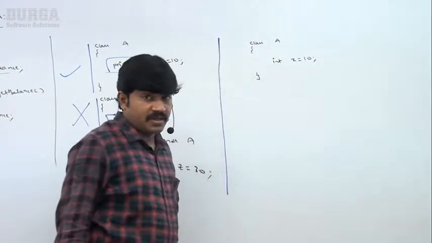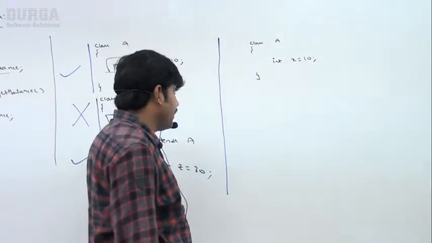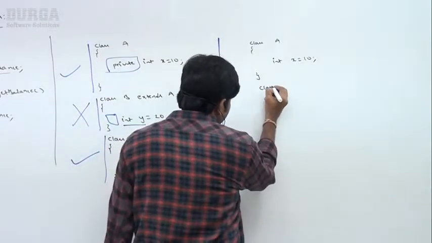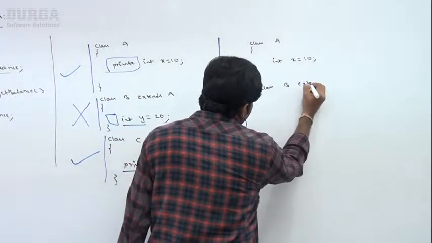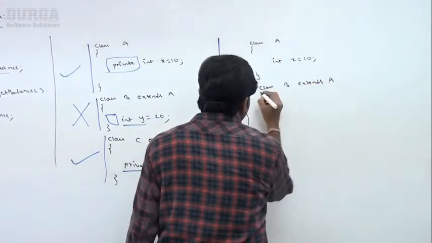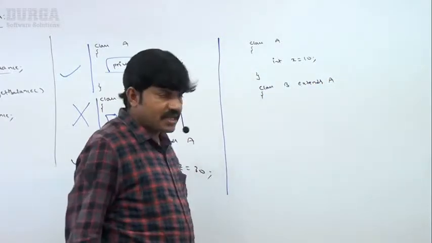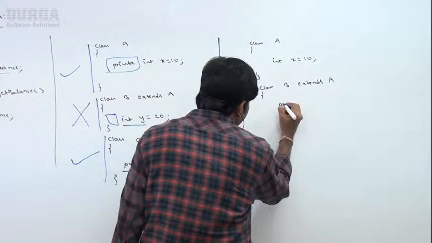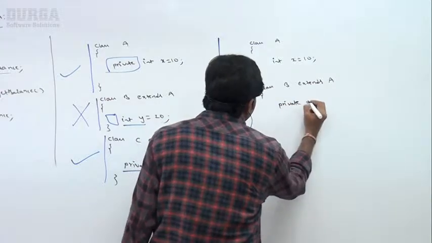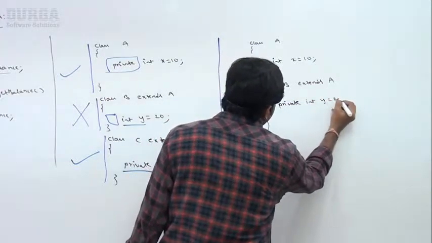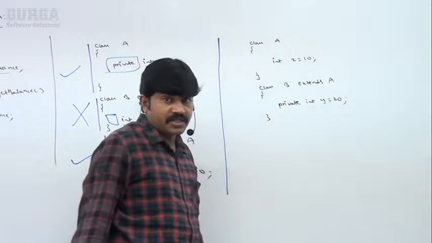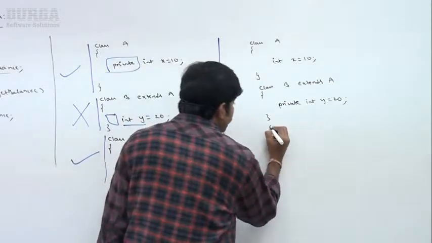Observe very carefully: int x is equal to 10, non-private data. Class B extends A, private int y is equal to 20.